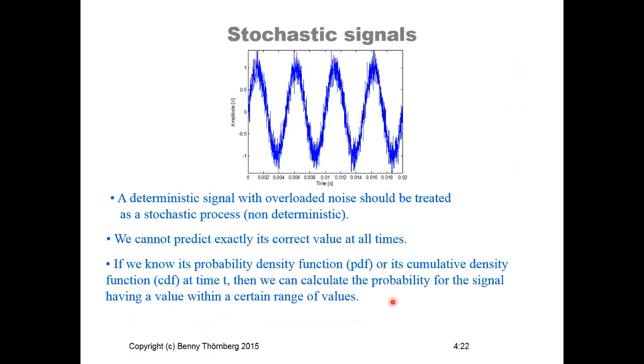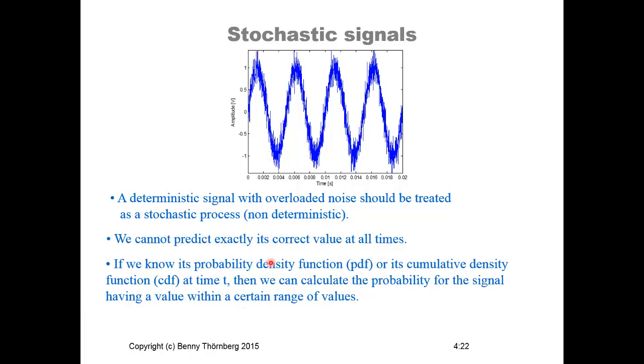This is a deterministic signal, a sine wave signal that is polluted with noise. And we need to treat this signal then as a stochastic process. We cannot predict exactly its correct values at all times because of the noise. But if we know its probability density function PDF, or its cumulative distribution function CDF at time t, then we can compute the probability for the signal having a value within a certain range of values.